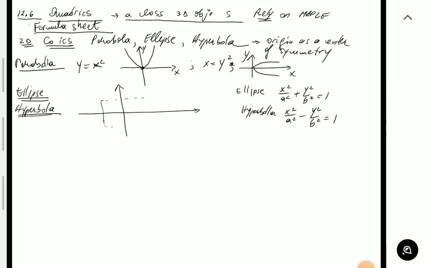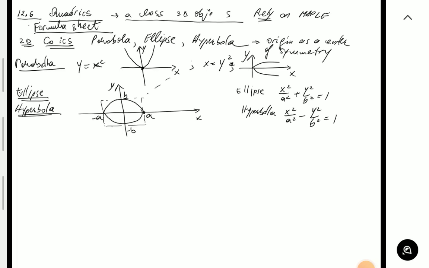So if you sketch the rectangle with the intercepts a and b on the x and y axes, it turns out that the ellipse is the closed curve inscribed in this rectangle.